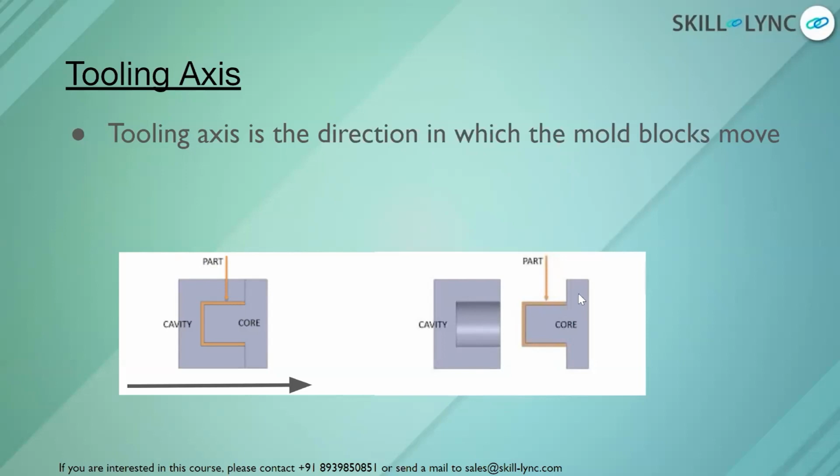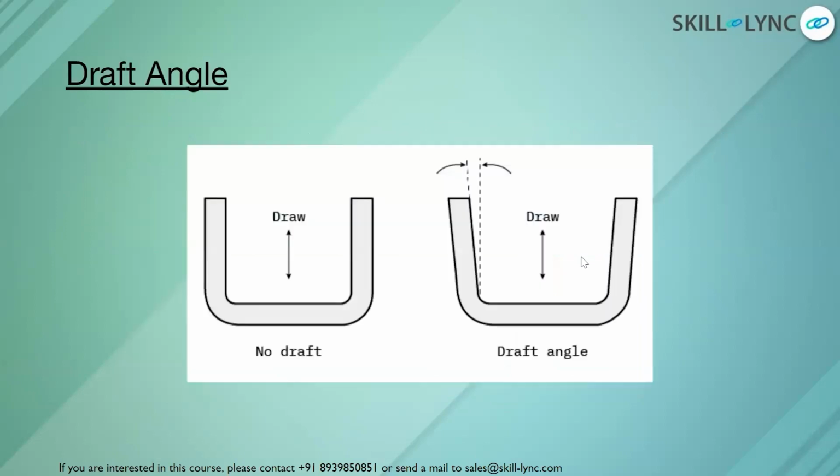This is very important from the designer's perspective whenever you are designing the component, because with respect to your tooling axis we are going to check the other parameters which we will learn next. The next parameter is the draft angle, since we are dealing with injection molding. Along with the tooling direction, we also need to have some draft available for your mold components. Whenever you are designing the part, it is going to have an opening angle.